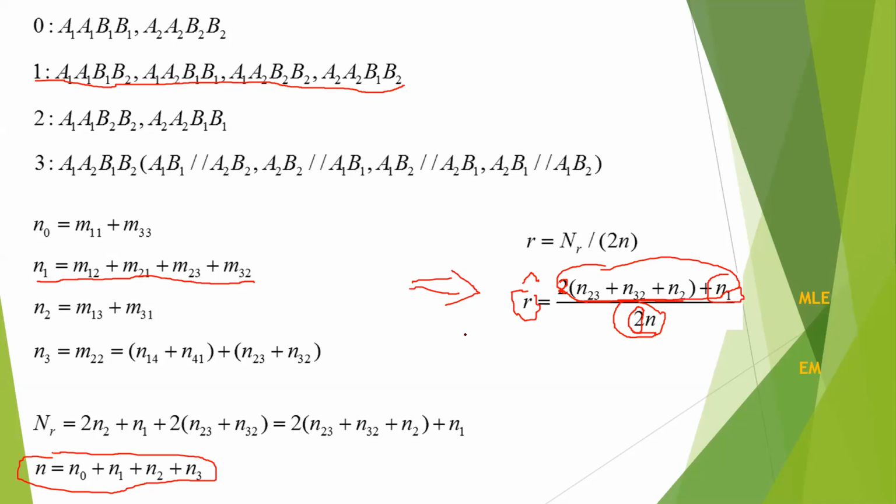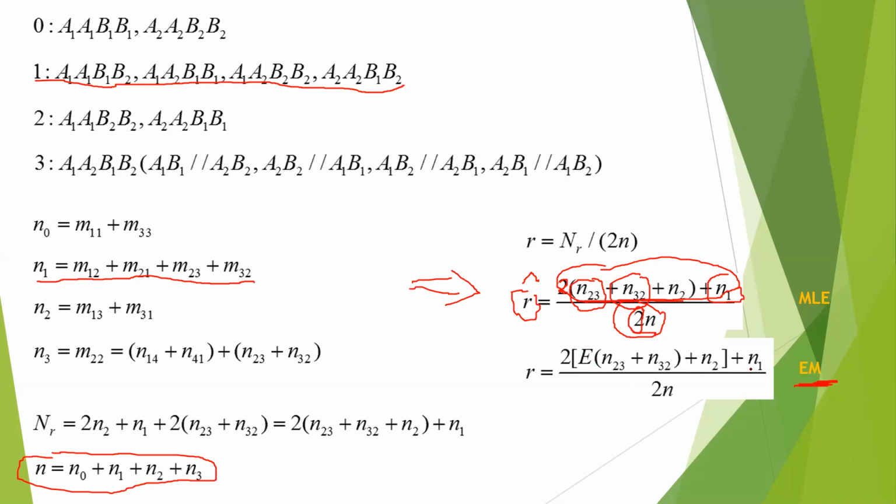However, reality is always frustrating. We don't know these 2 numbers, so we cannot get the real solution for this problem because these 2 numbers are not observable. That's why we're going to use the EM algorithm to help us.